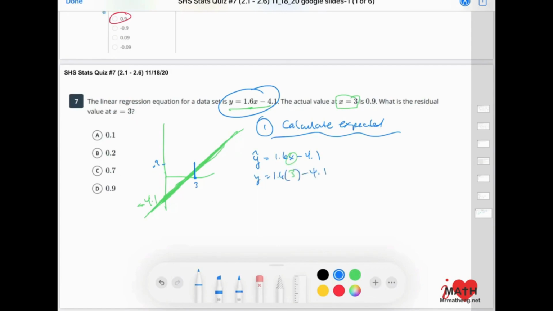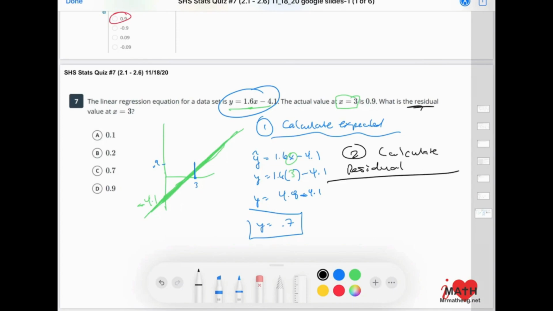And then I have everything that equals the same. Let's take out my handy-dandy calculator. I get 4.8 minus 4.1. So I have 0.7. Okay, then from here I'm going to calculate the residual. What is our residual?